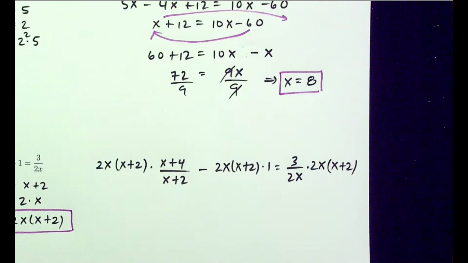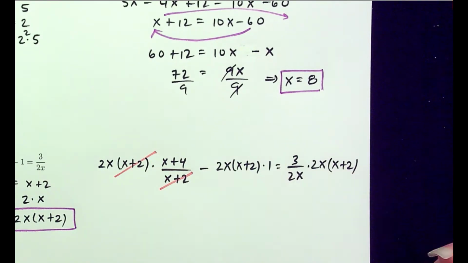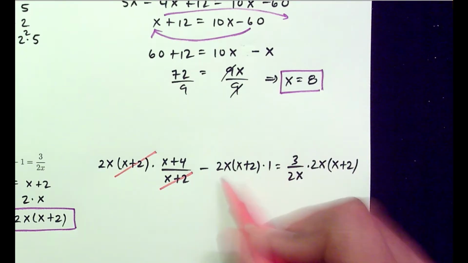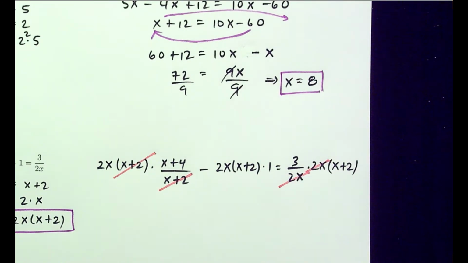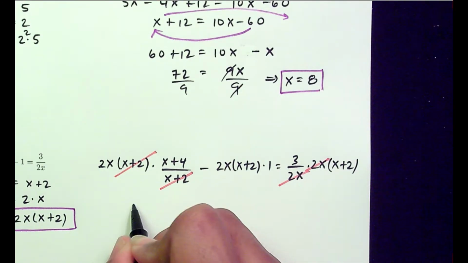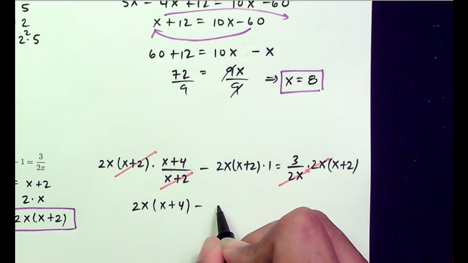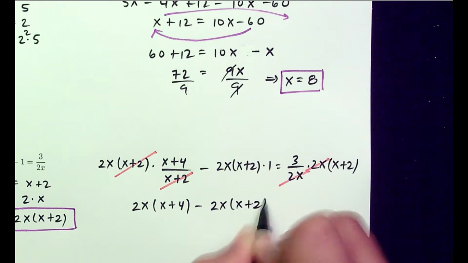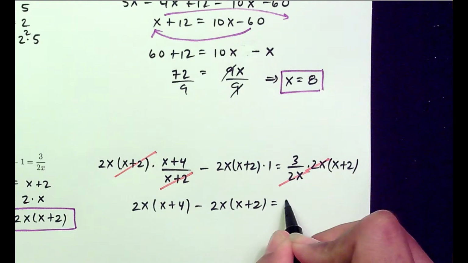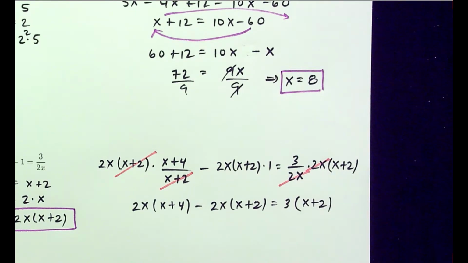And then you may cancel things. So that cancels. There's nothing here to cancel. And that 2x and that 2x cancels. And then you write down what is left. So here you have left 2x, x plus 4 minus 2x, x plus 2 equals, that cancels, and you're left with 3x plus 2.